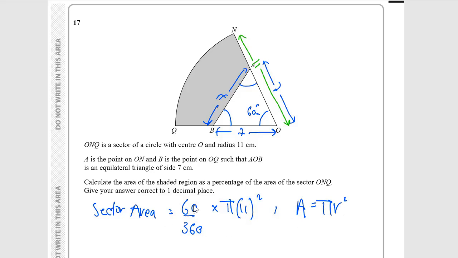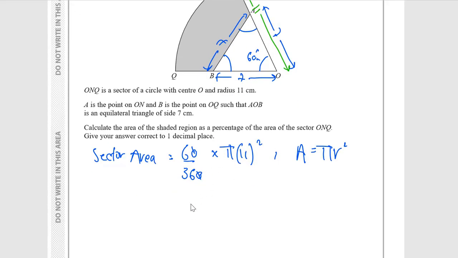We have 1/6 of a circle, so times by pi times by 121 centimeters squared.